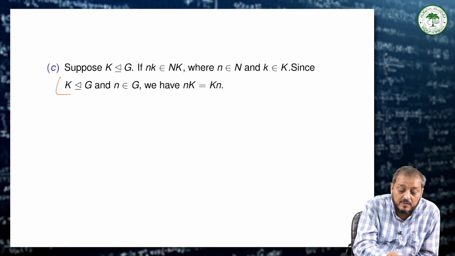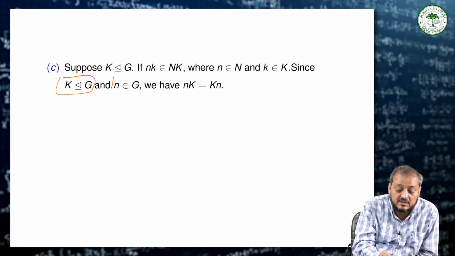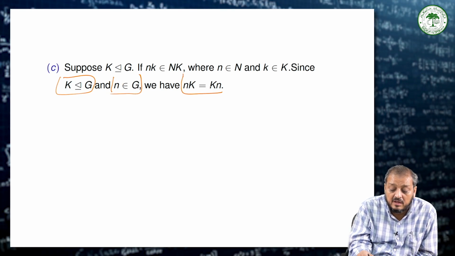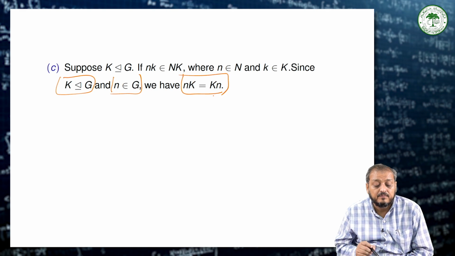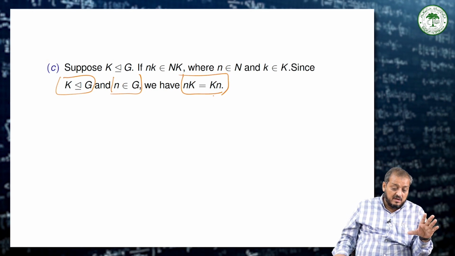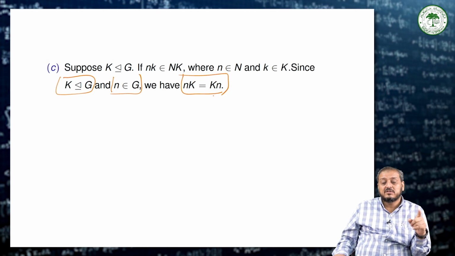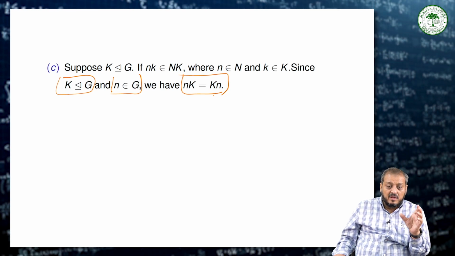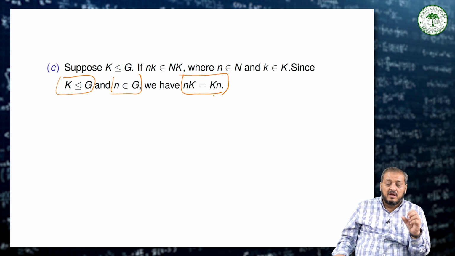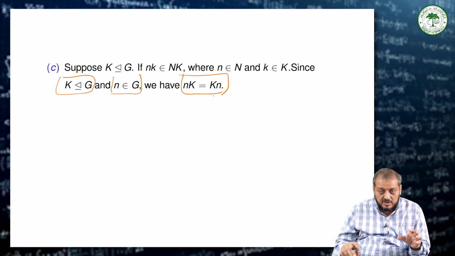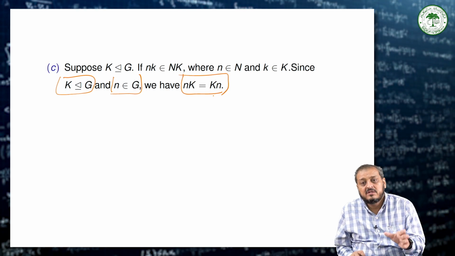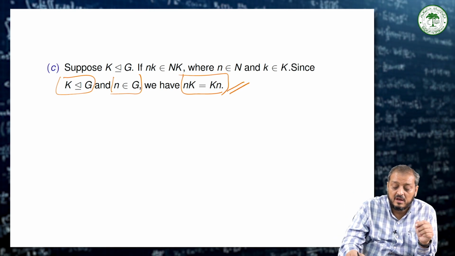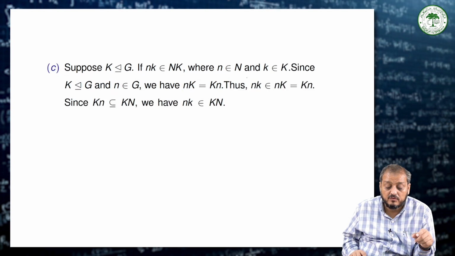Because K is normal in G, there exists some g in G such that nk is equal to kn. By the equivalent conditions, if K is normal in G, then for every element g of G, gK is the same as Kg, and gn is equal to ng.